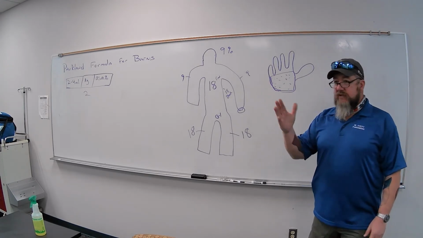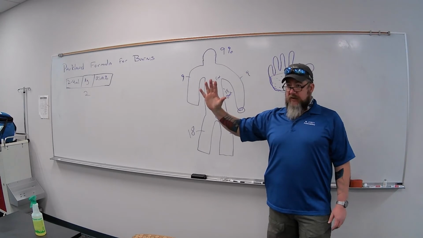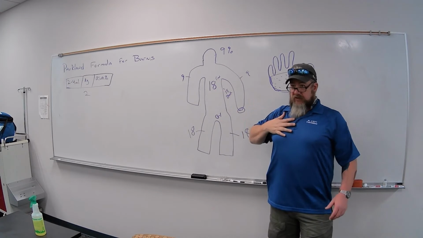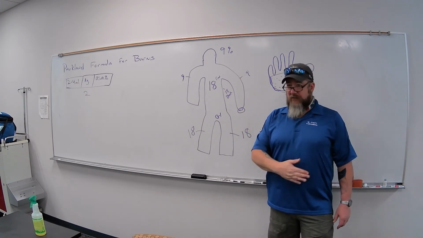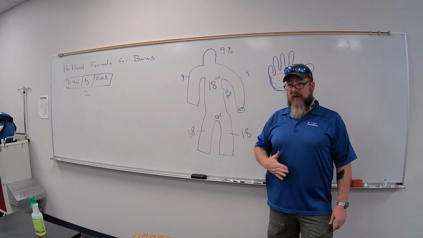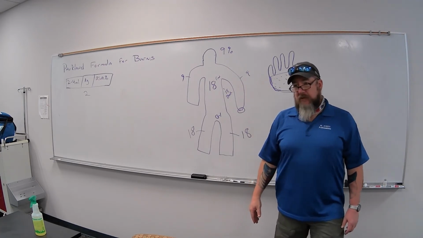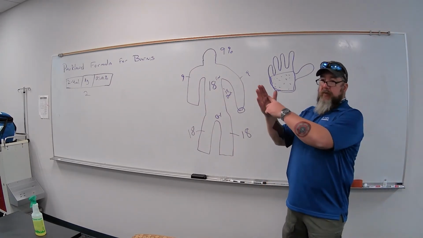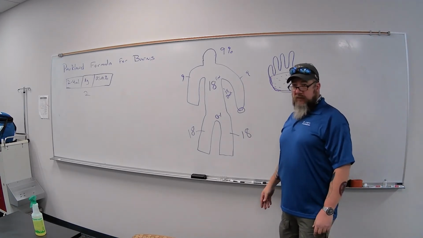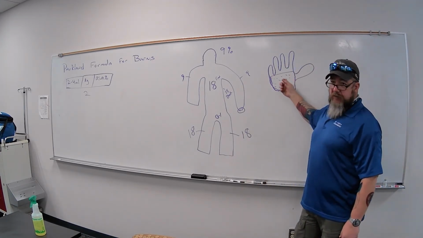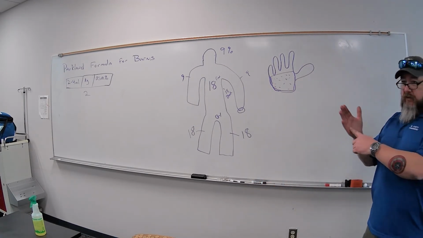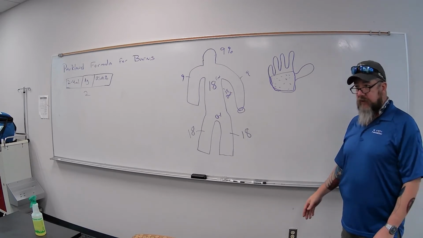Look how big your hand is. Adding the fingers doubles the area. Can I fit 18 on here? Nah. But if it was just the palm, I could get 18 on there, even if you got small hands. By adding the fingers, you double the size of the palm. So when you talk about the rule for the palm, it's just the palm, not including the fingers.